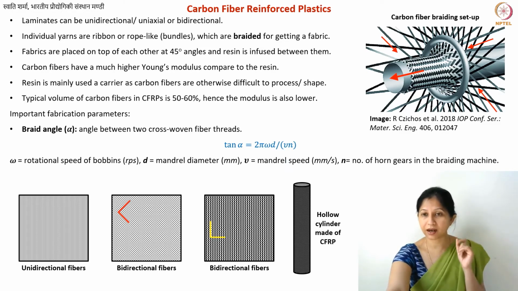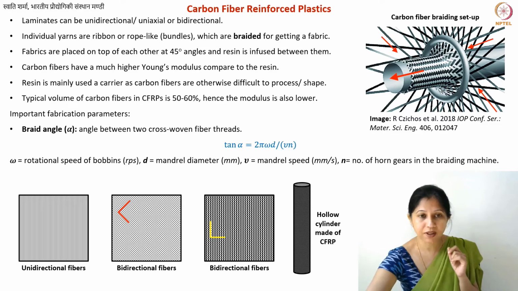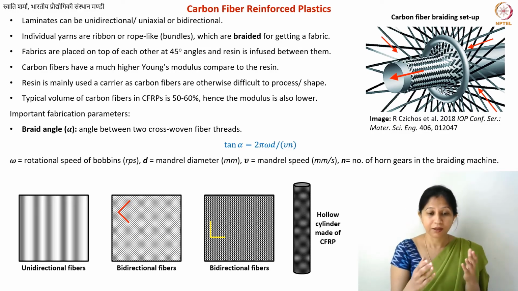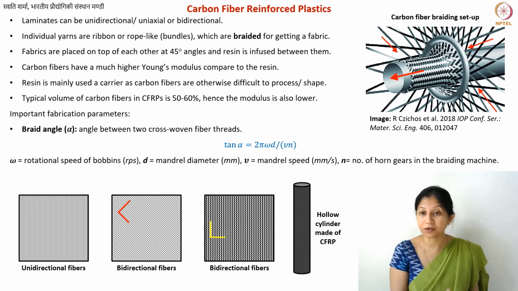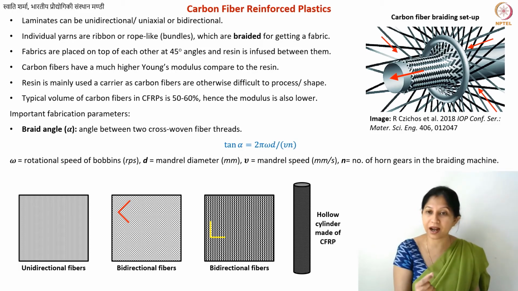So here in these images, you see that you have this braid angle, which you would like it to be 90 degrees, right? When you're doing the braiding at 90, so you want it to be 90. But what happens is, if there are any process parameters which are not perfect, so these are what you will call manufacturing defect.